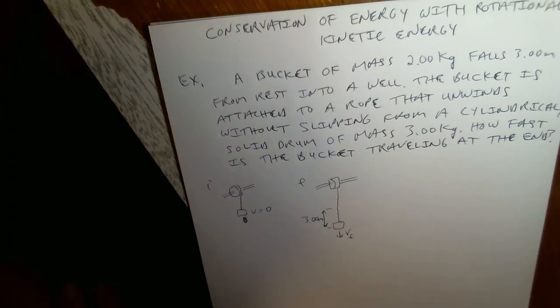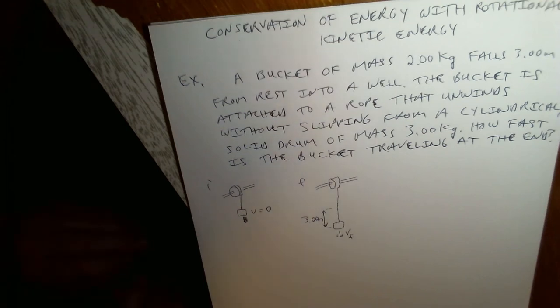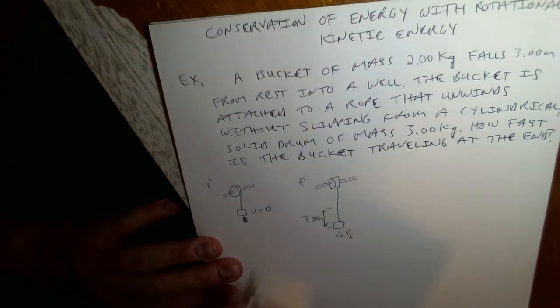Anyway, I'm going to choose the center of the object as a reference point. It doesn't matter in this case. It's more if we were finding a torque that we would worry about where a force was applied and where the force of gravity would be drawn. Here it doesn't matter, so never mind that.